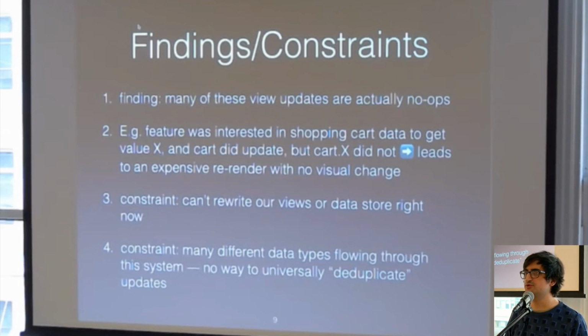But we have a couple constraints on the solution that we can come up with. One is that we can't really significantly change our data store or how our views are implemented, because we have a lot of code and we need to keep it rolling forward. And there's no universal or general way to implement this.